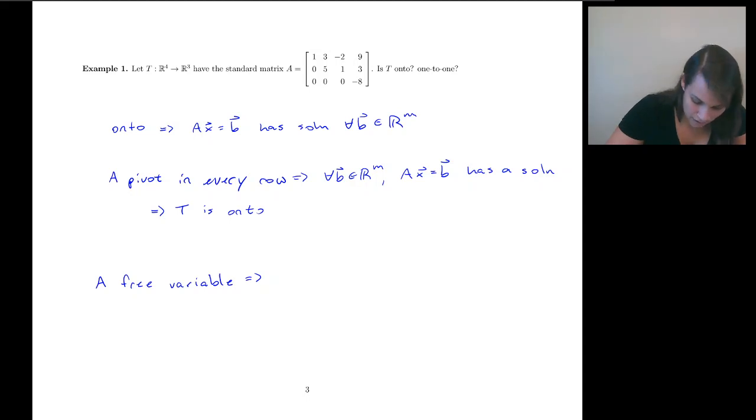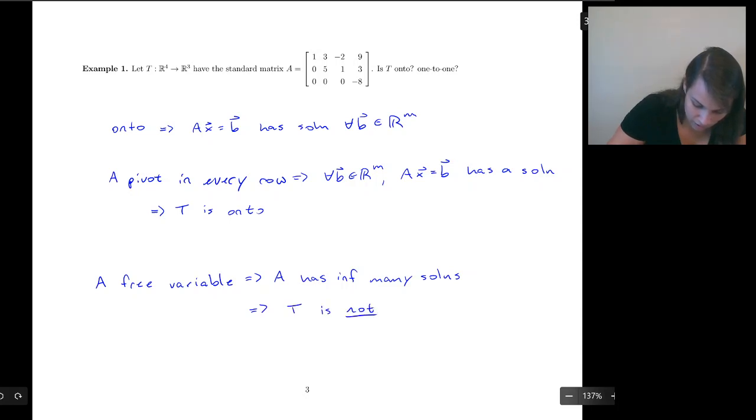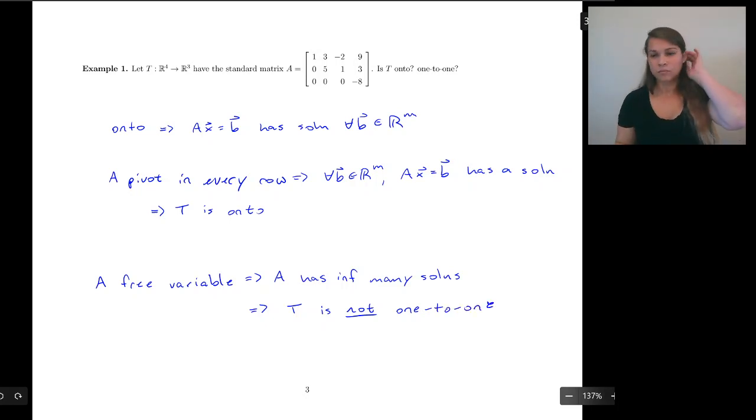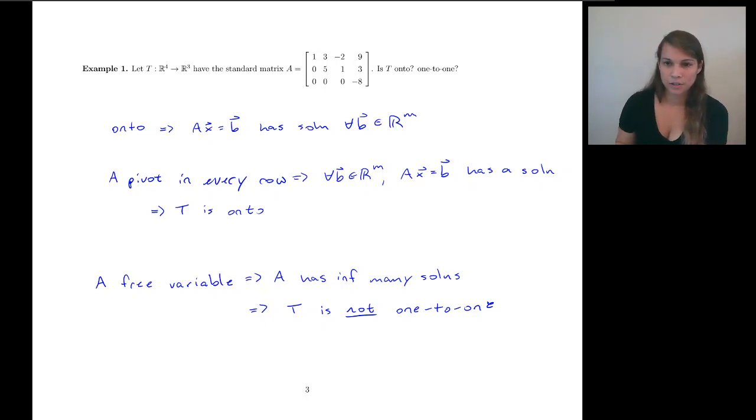So A has infinitely many solutions. So then T is not one-to-one. Okay, so that is how we can use things we know about A to prove one-to-one and onto-ness of T.